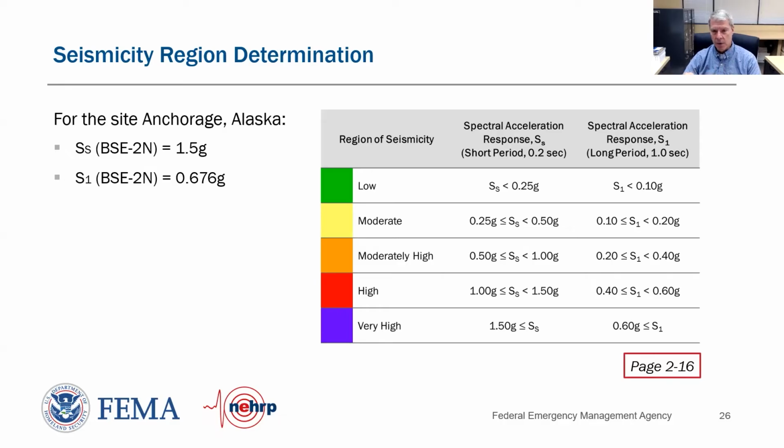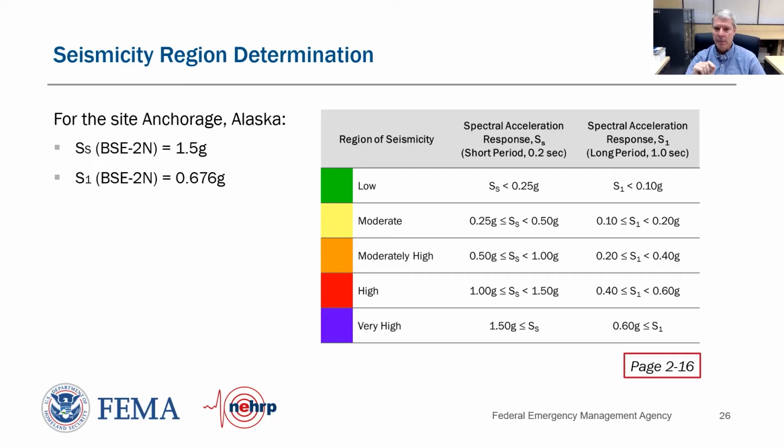So you can tell though, with this particular example, we are right on the break from a high seismicity to a very high seismicity. And this is why I like to use this method versus the hazard maps, because it provides key information on exactly what the shaking is at my building site, and it provides some relative measure as to where on the breaks between the seismicity regions I'm going to be.